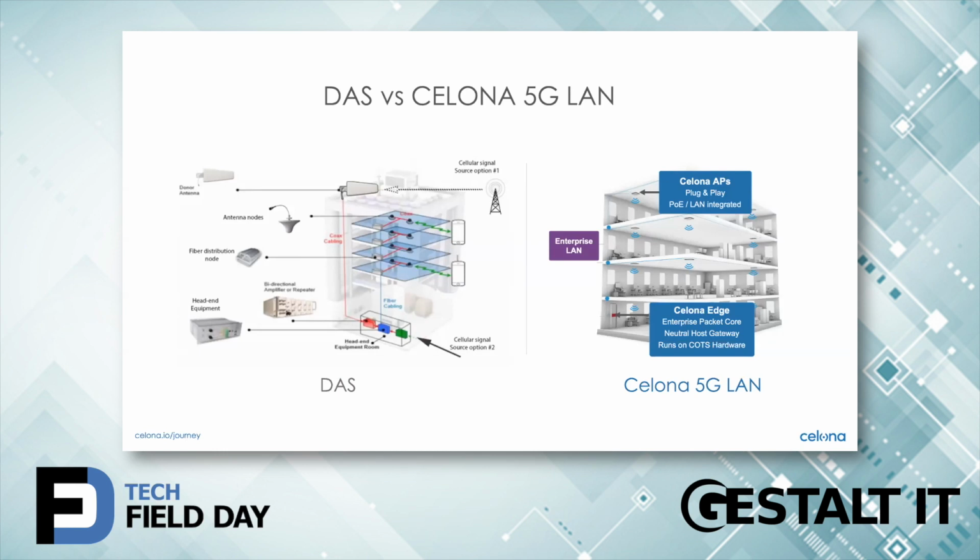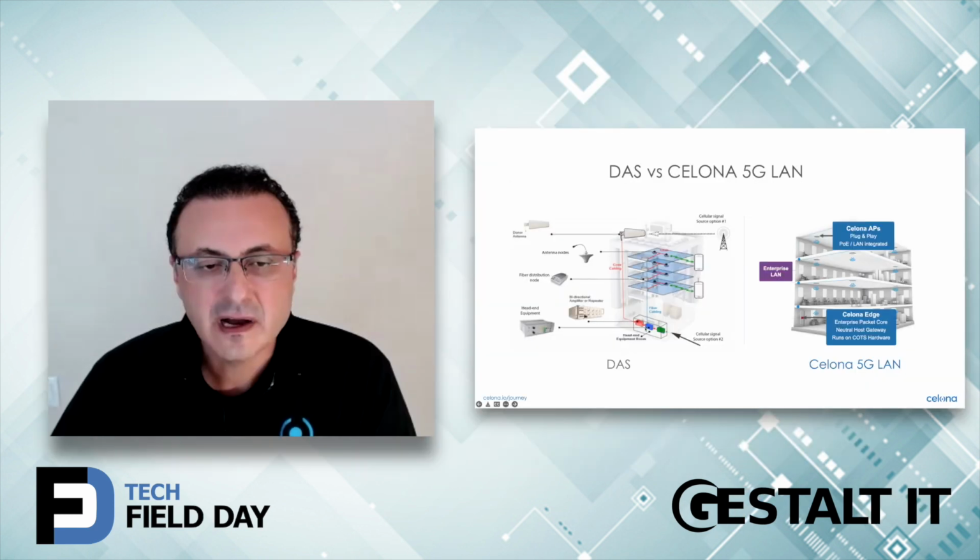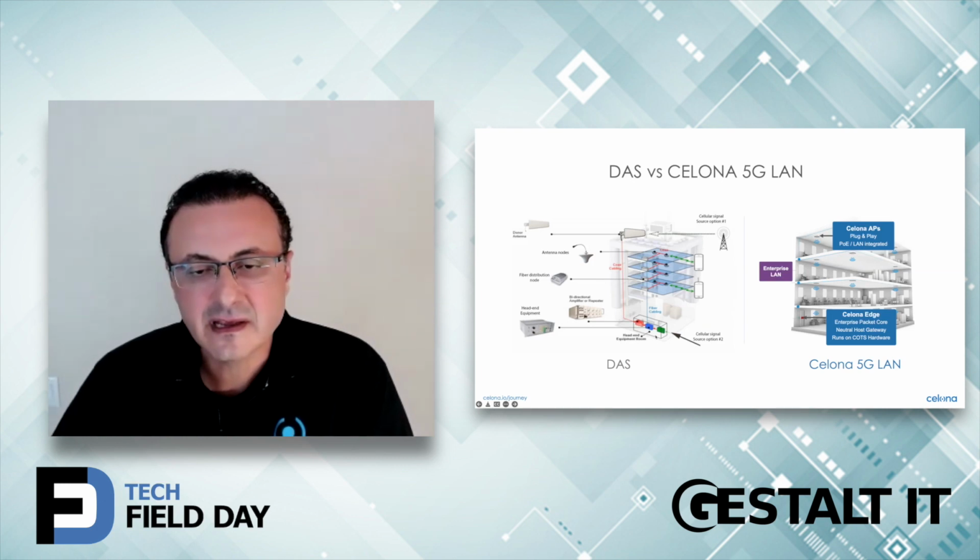So as I mentioned, the most common solution today for traditional macro coverage is DAS. And here I'm showing a typical DAS deployment and comparing it with the Celona 5G LAN service. So on the left, you see this distributed antenna system, or so-called DAS, where basically an operator may bring their base station equipment to the basement of a building. And then from there, they will run these fibers to each floor.